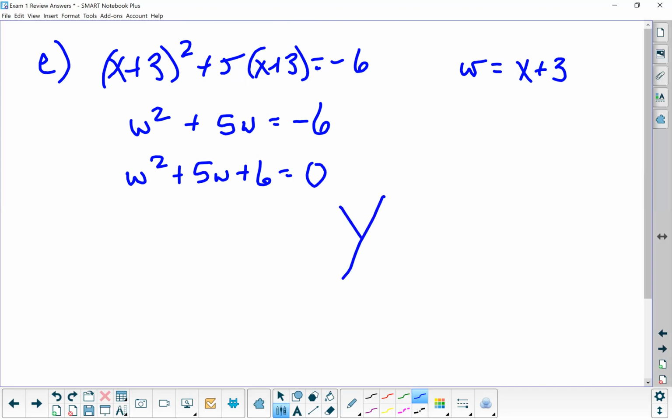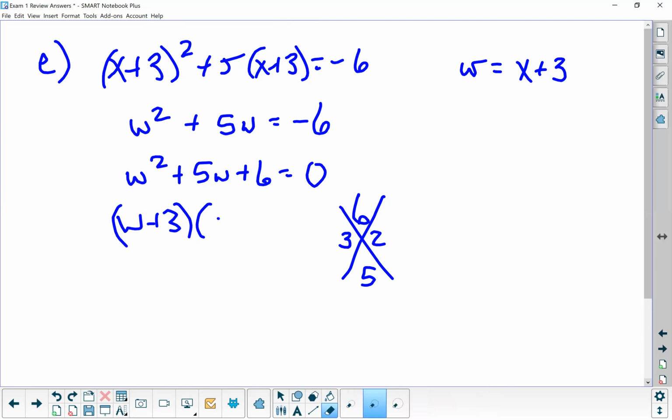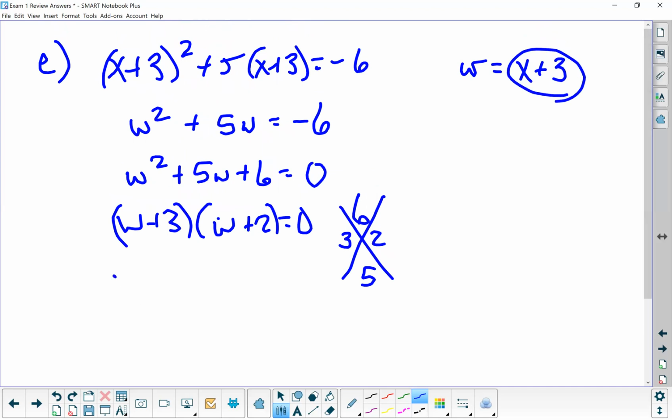Now check, do we know two numbers that multiply to 6 and add to 5? And in this case, we get 3 and 2. So W plus 3, W plus 2 equals 0. But W, as we said at the beginning of the problem, is x plus 3. So this would be x plus 3. That's going to replace the W. Then we have another plus 3. And x plus 3 plus 2.